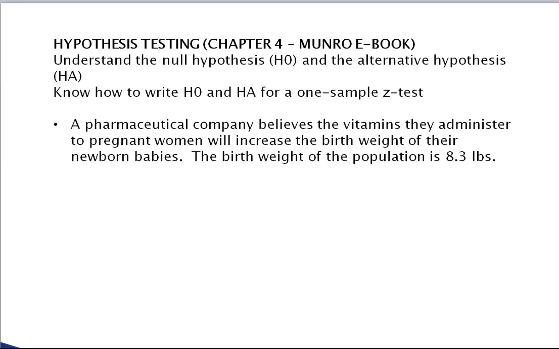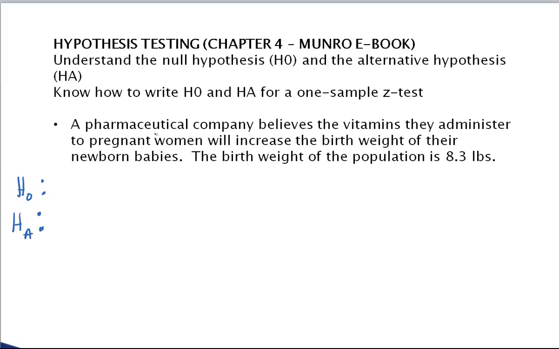So you want to make sure you are familiar that they look like this. This is what the null looks like, and then this is what the alternative looks like. And okay, so let's look at getting the null and alternative hypothesis.